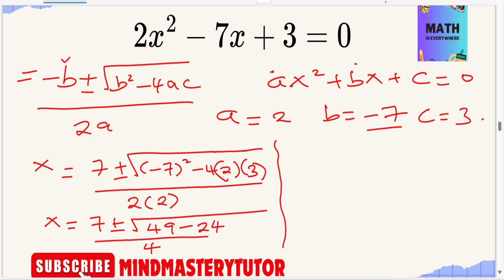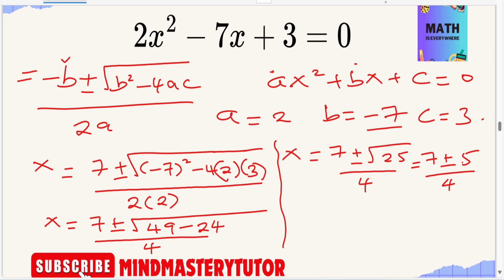So 49 minus 24. So kutakuwa na x hapa equal to 7 plus or minus root of 25. 49 minus 24 ni 25. Divide by 4. Okay. So ni 7 plus or minus 5 divided by 4.